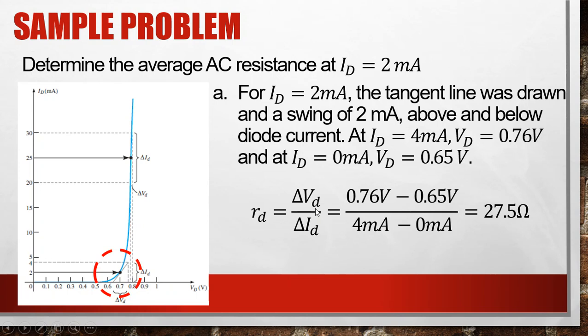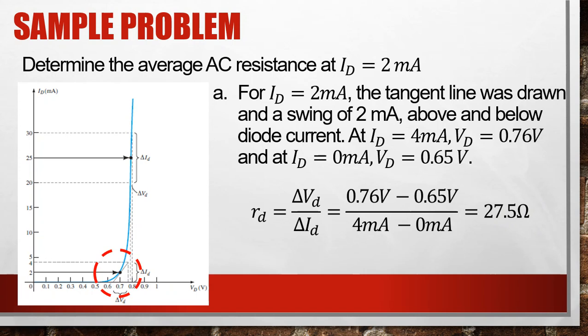So, ang average AC resistance again is the change in voltage across the diode and change in current or change in diode current. So, let's compute 0.76 minus 0.65 over 4 milliampere minus 0 milliampere. Ang makukuha natin is 27.5 ohms.